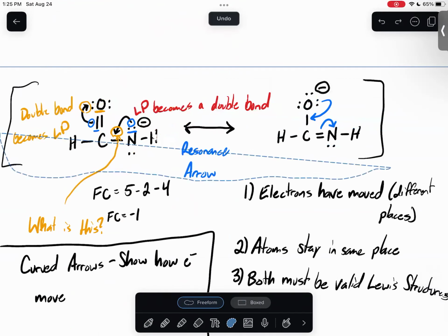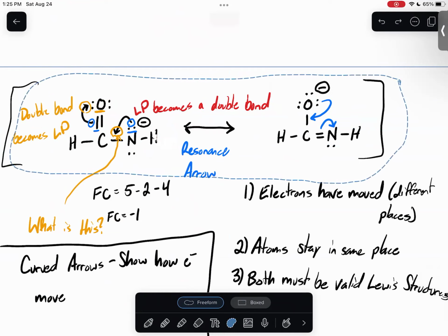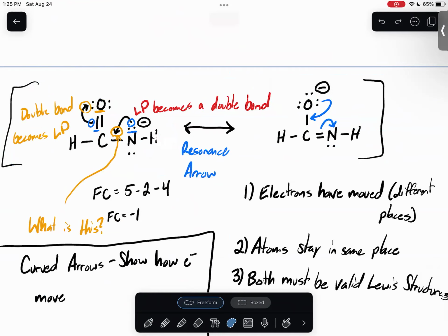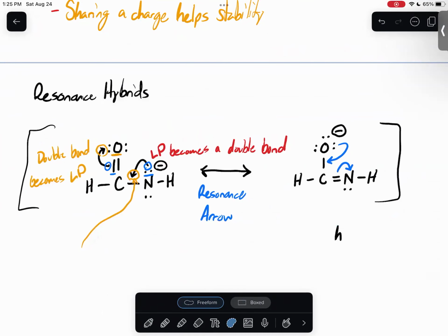Because it is very important for what we're trying to show, right? We can take this, we can copy it, we can bring it all the way down here, paste it. There we go. So essentially, the hybrid of this is going to be the mix of these two structures.